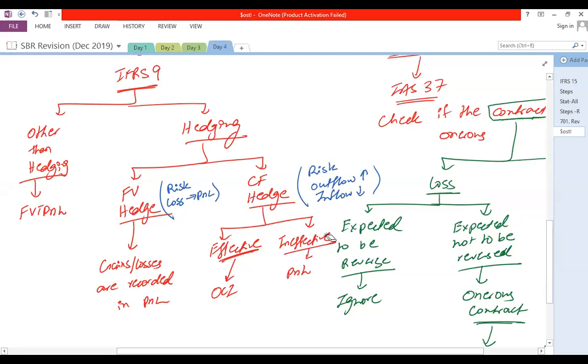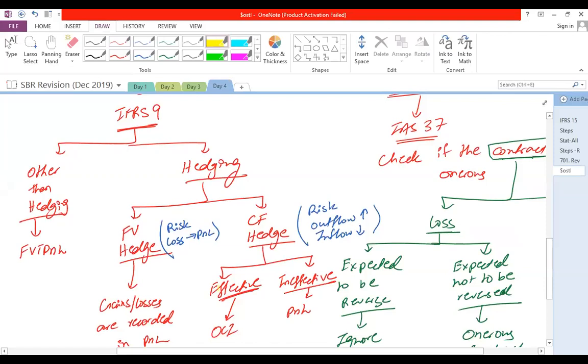Ineffective part goes to P&L, effective goes to OCI. Basically, I would suggest do not go into detail of the effective or the ineffective because that is a very specific case. Normally, the question takes a bird's eye view on derivatives rather than a worm's eye view.